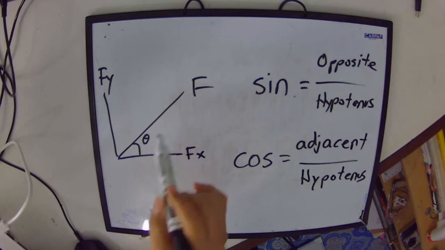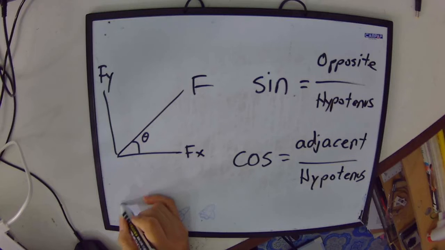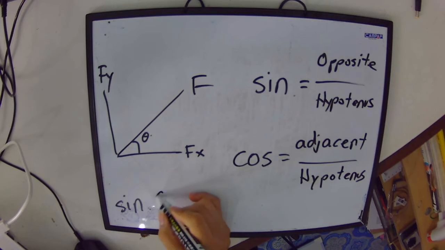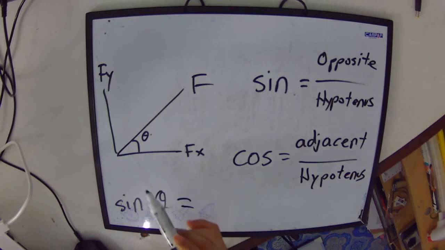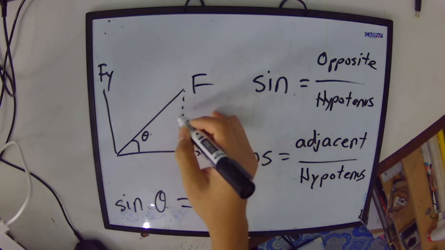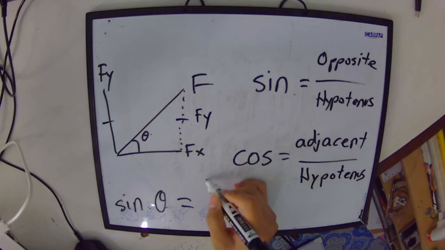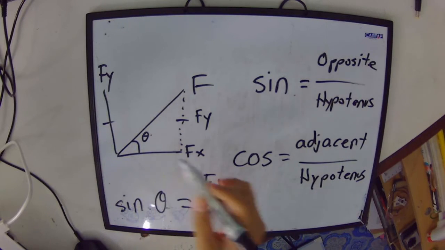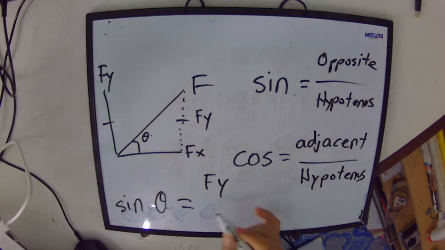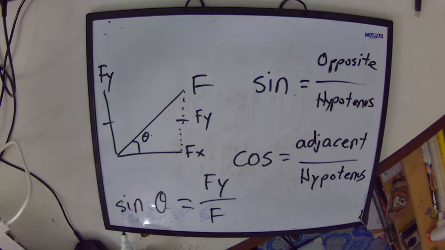So if we look at the picture, the sin for this one, okay, opposite. What is the opposite of this angle here? It's here, which we know is equal to Fy. So sin is Fy over your hypotenuse, F, because this line here represents F. So once you understand this part, then you can just rearrange it.